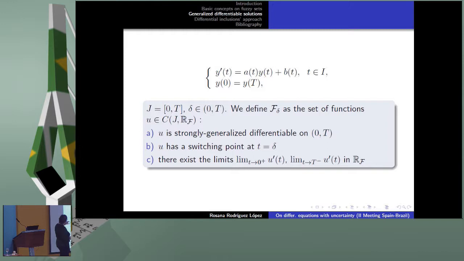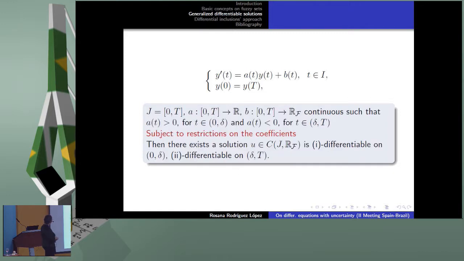Okay, that's the notion of switching point. In a switching point, you are assuming that the function is differentiable on both sides, and the limit of the derivatives, the one-side derivatives, has to exist as a fuzzy number.